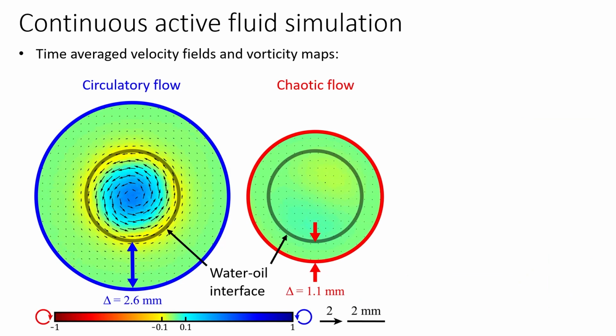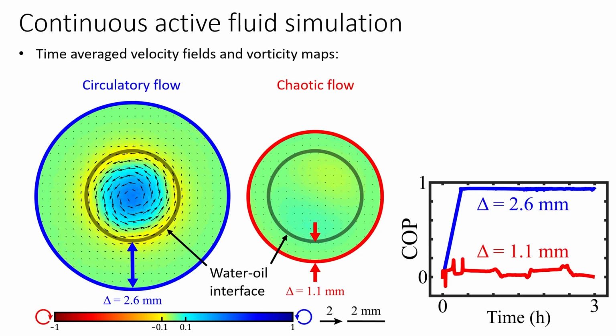To test the capability of this model in describing our experimental results, we adapted the model to numerically calculate the time-averaged velocity fields and vorticity maps for a pair of identical droplets immersed in different oil layer thicknesses. Our calculation revealed that the droplet immersed in a thicker oil layer developed a circulatory flow, whereas when immersed in a thinner oil layer, the circulation was suppressed.